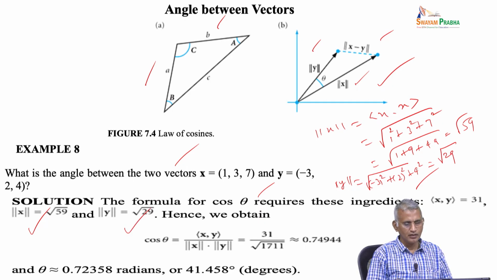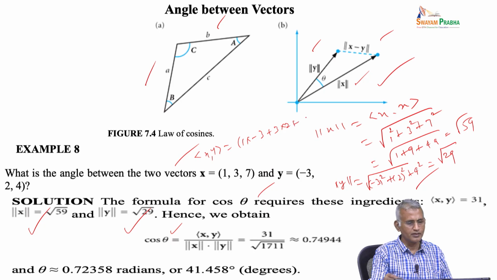So, the rule for finding the angle is cos theta equals inner product x comma y by norm x into norm y. Inner product x comma y is 1 into minus 3 plus 3 into 2 plus 7 into 4. So, the inner product value is 31.